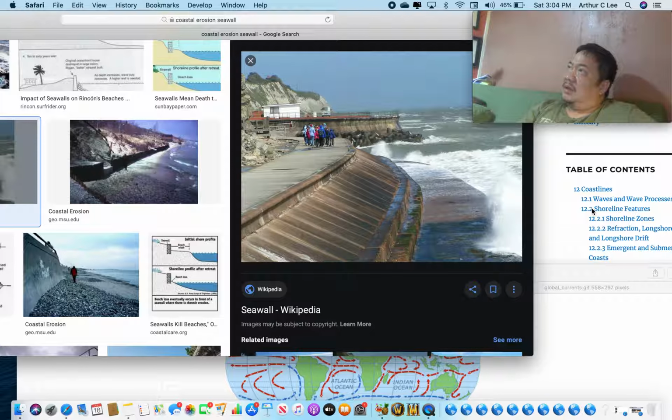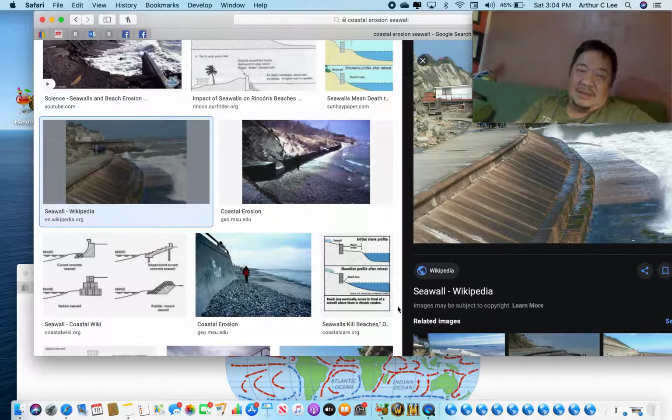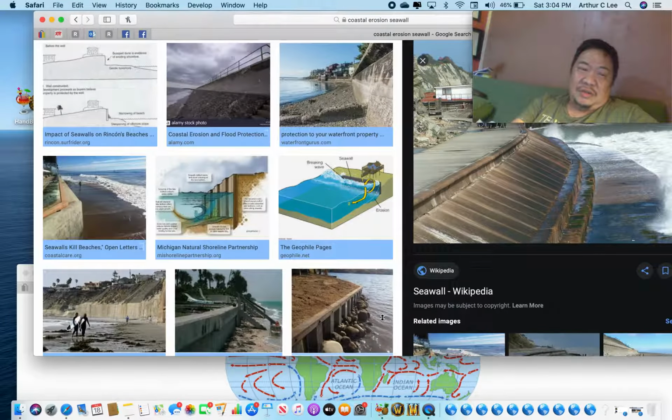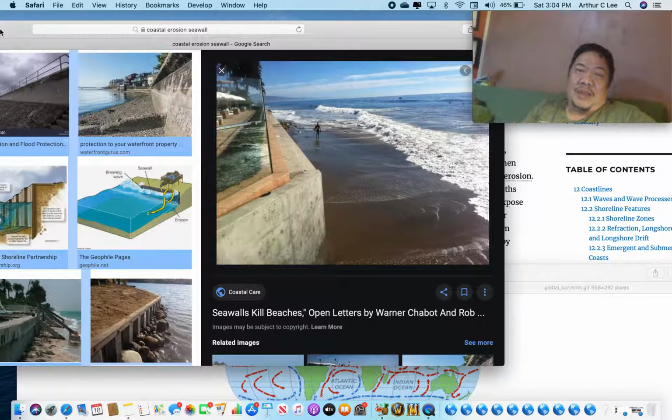So what eventually happens is this seawall gets undermined as the sand beneath the wall is removed and the wall collapses. So we found that seawalls are not a great solution. You lose the beach. And what attracts you to living near the ocean is the beach.